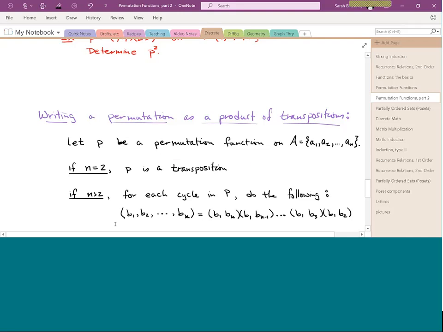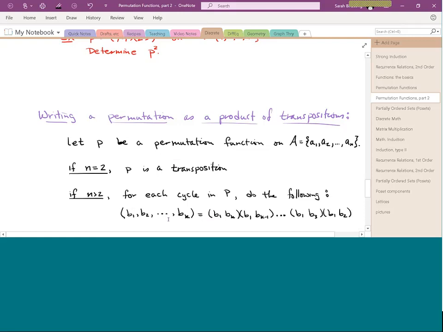You take the original cycle. I labeled this with a subscript k, so some arbitrary k here. You take the first element in your not-two cycle and write it first, and you take the last element in your not-two cycle and write it second. And then you walk backwards.